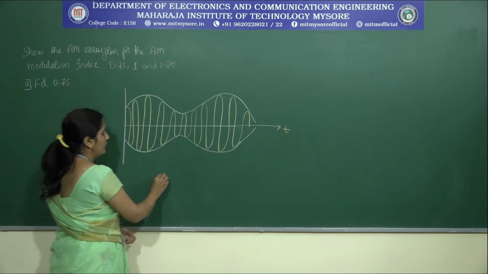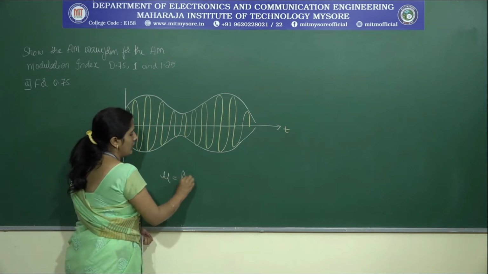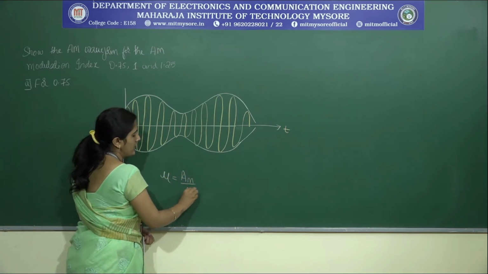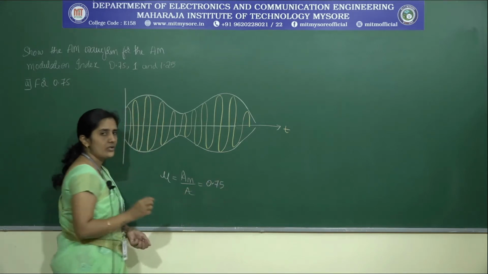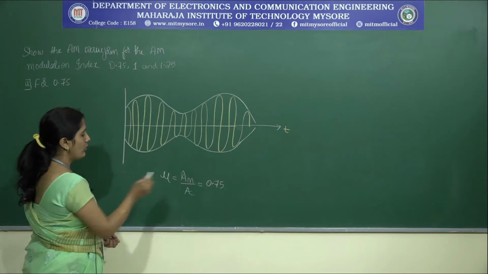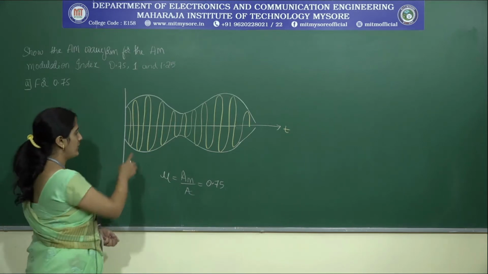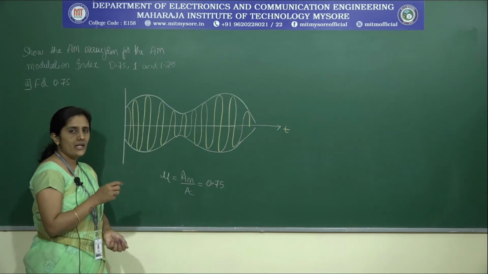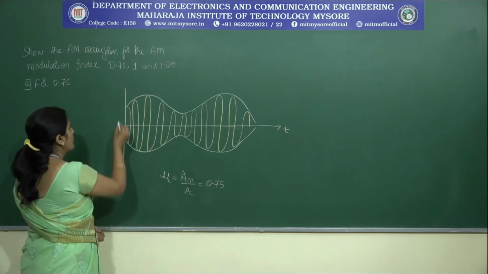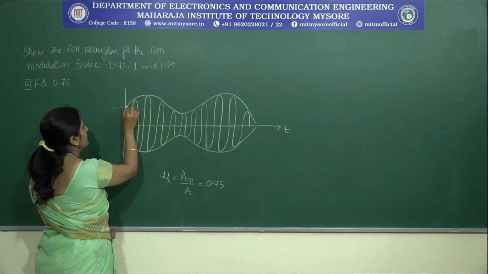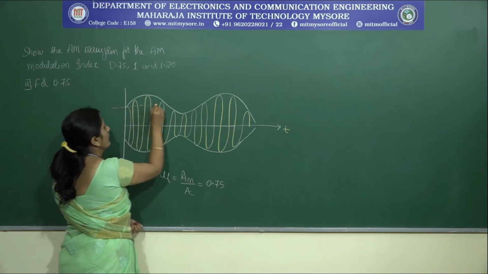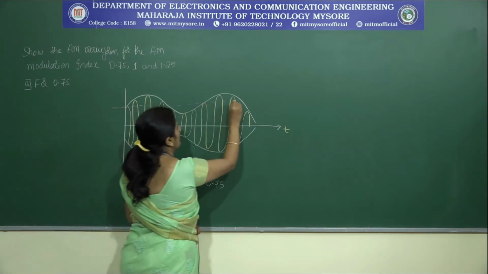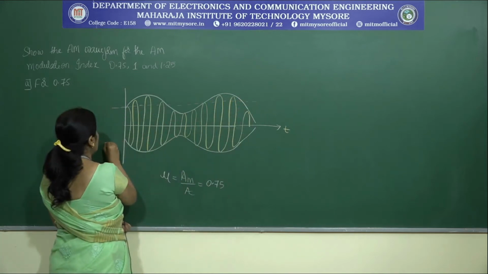We all know the formula, mu is equal to AM divided by AC. Here we are going to represent the modulation index 0.75. So how to show this 0.75 with respect to the message signal as well as the carrier signal? Here you can see this represent.